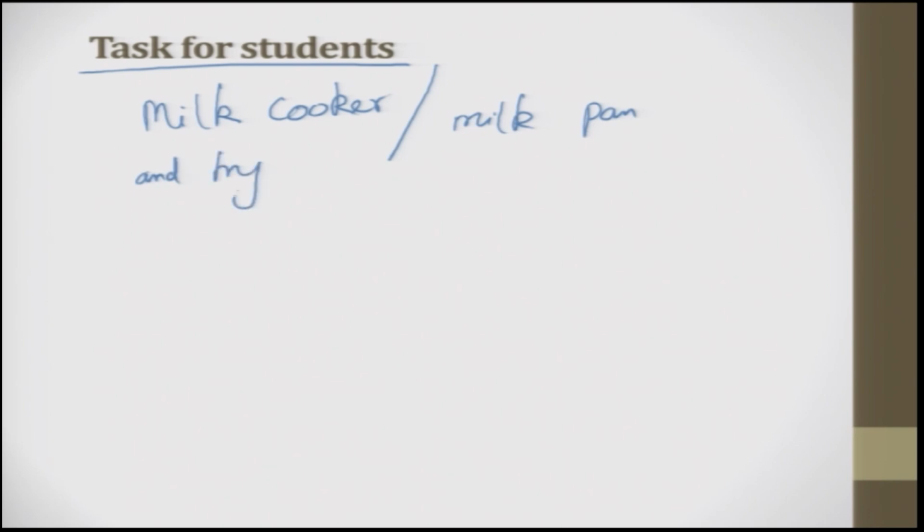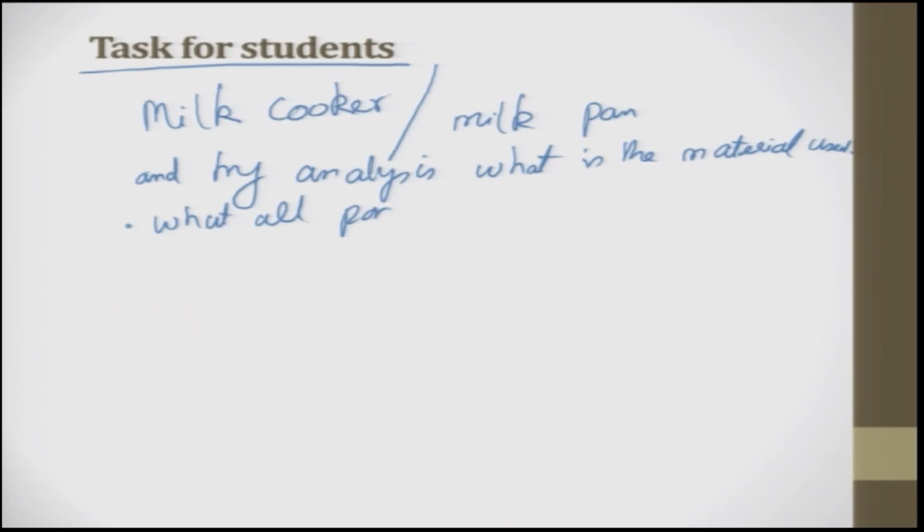So, the task for the students today is, you will try to take a milk cooker or a milk pan and try to analyze what is the material used. Next, what all possible materials can be used.